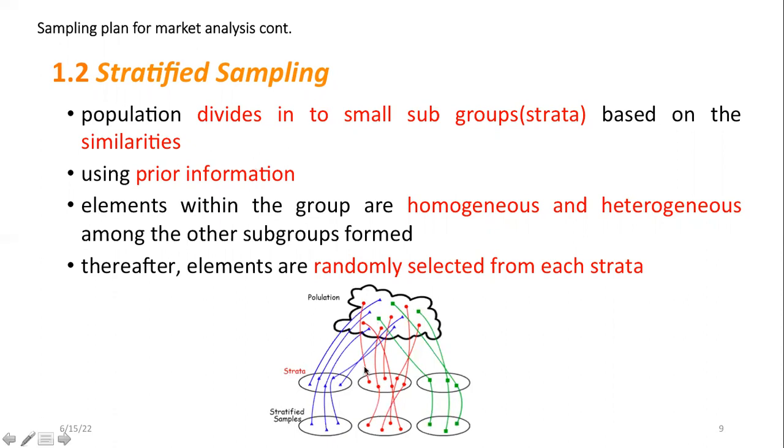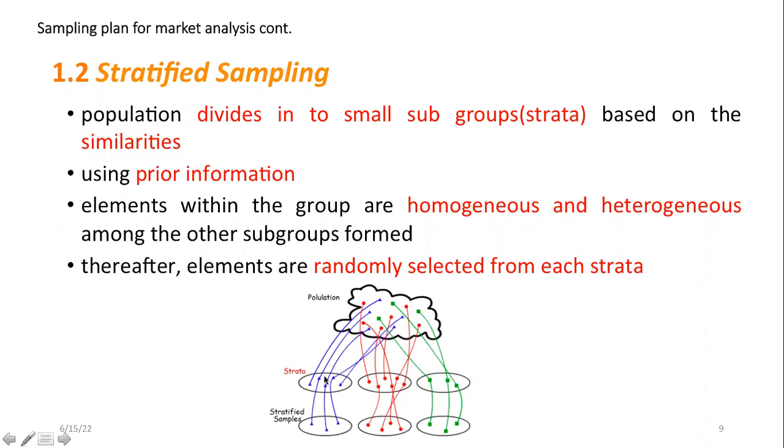Here you can see the population, and based on the prior information we already have, there are 3 colors. Based on the colors, we divide it into 3 strata and get samples representing each strata, right?